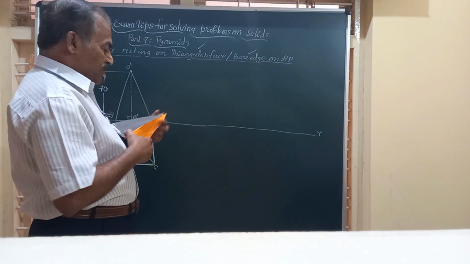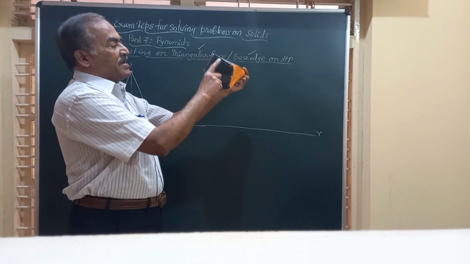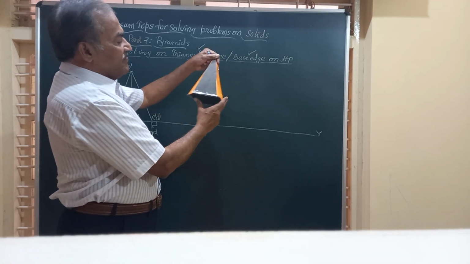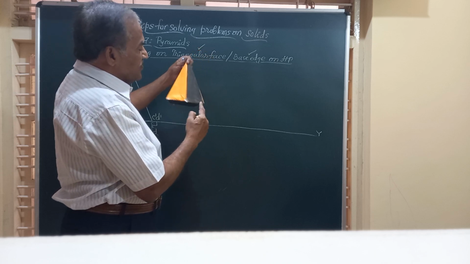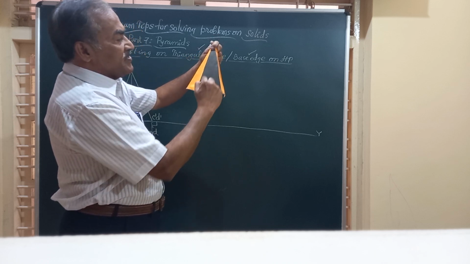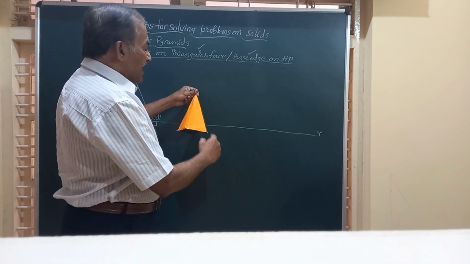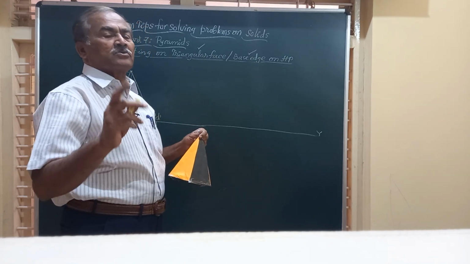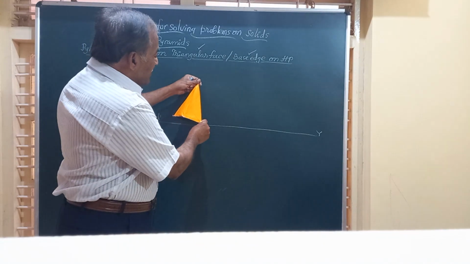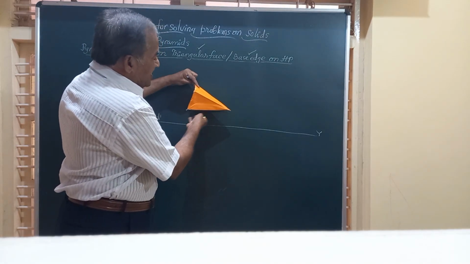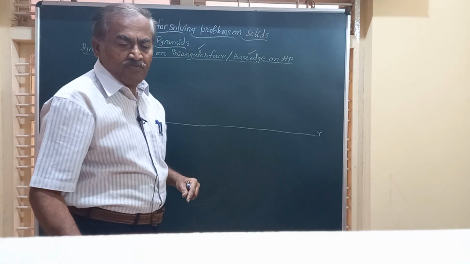Similarly, friend, if you have a pentagonal pyramid, friends, say this is one of the triangular faces. When you write the top view, the base edges of that triangular face should come to your right side and it should be perpendicular to VP, so that when you make it and you rotate it through this angle, it will rest on the triangular face on HP.